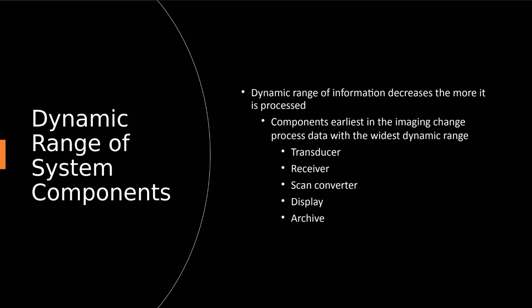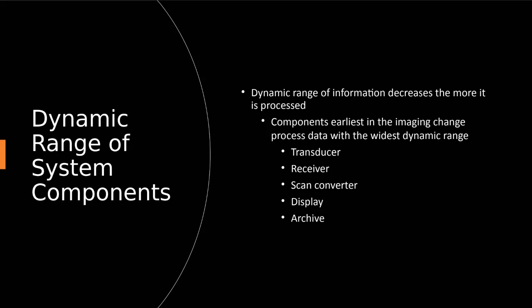So the components earliest in the imaging chain process data with the widest dynamic range. Our transducer, right? Which transducer we decide to pick for our exam is going to set the dynamic range that we can scan within. The receiver in our system also has a dynamic range that it's going to work within the confines of. Our scan converter, right?